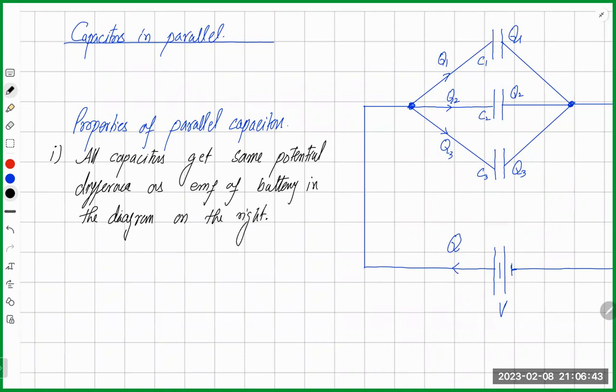So if there are no other capacitors, just these three capacitors connected across the potential difference, then they all will get the same potential difference as the potential difference of the battery or EMF of the battery.